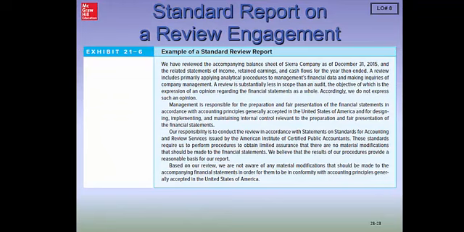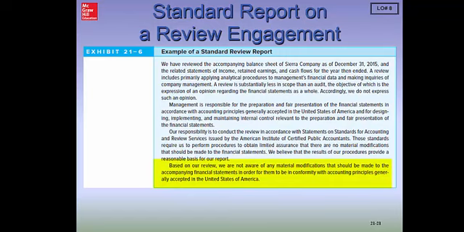So you notice here in the standard report of a review, and just remember how the presentation of an audit is that we're providing reasonable assurance. But in this case, what we're looking for is in the final paragraph, which is where we are expressing our statement related to material modifications.